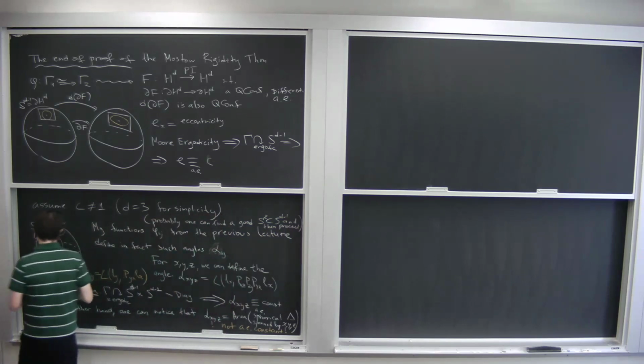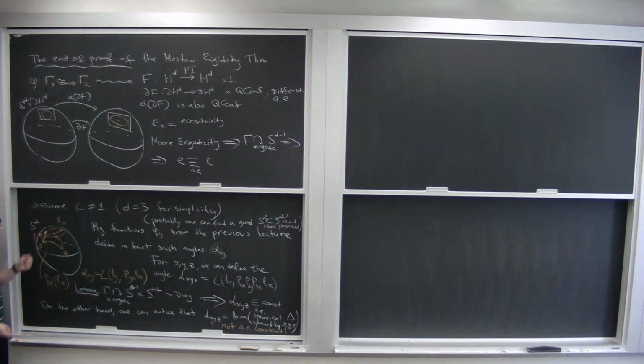But one can also look at this a bit differently. One can start with this axis, and again, we use that, in fact, gamma acts on the boundary by conformal transformations, right? That's why all these angles do not change. So we get this gamma invariant field, right?